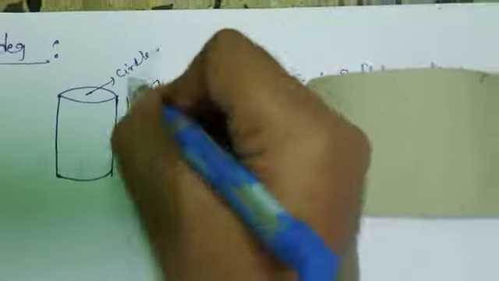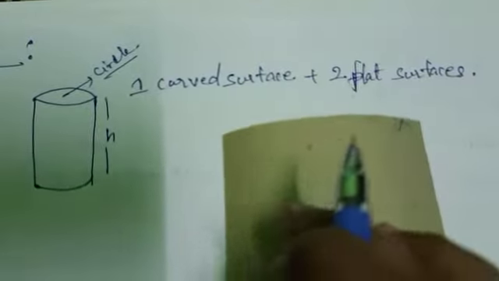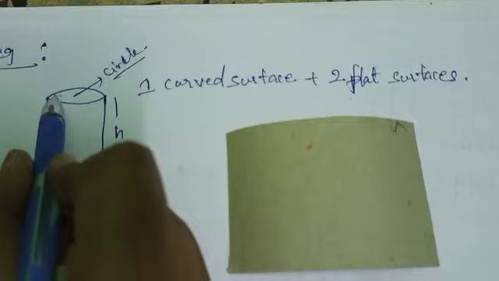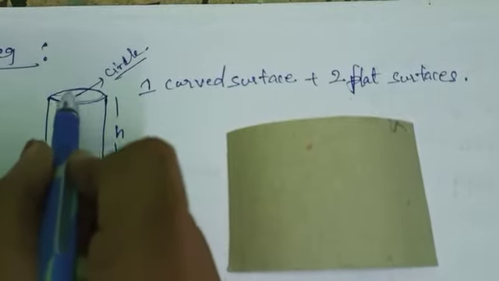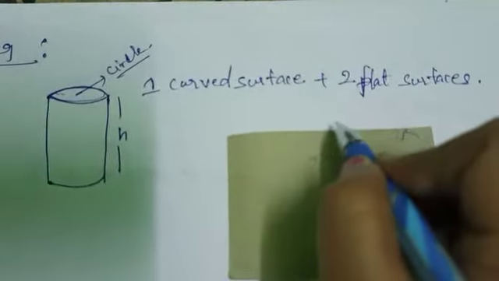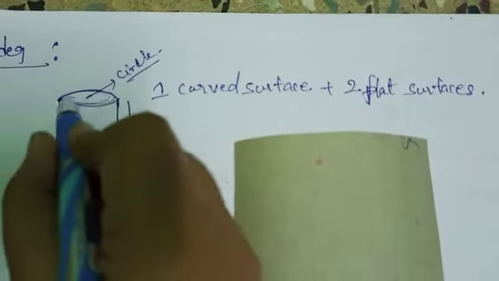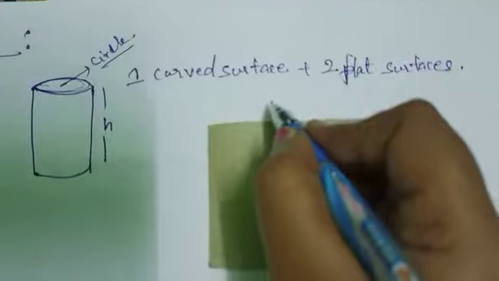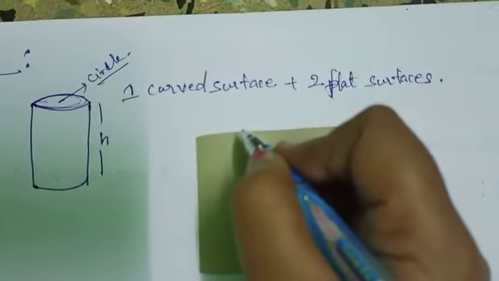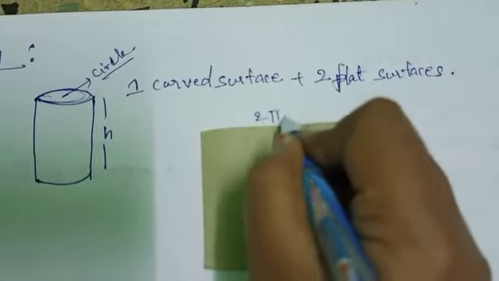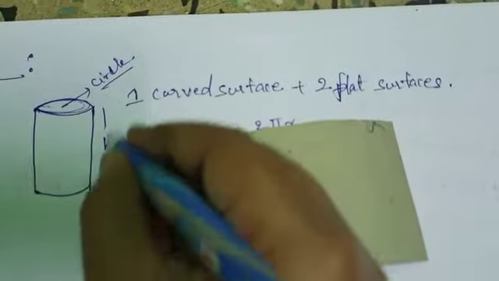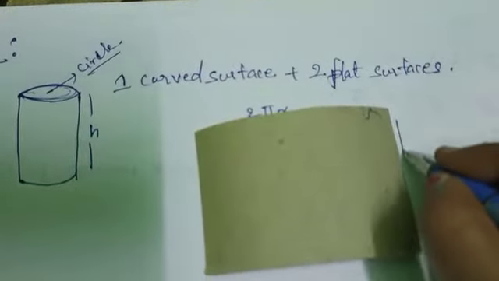So what is the perimeter of this circle? Perimeter, here we are talking about length, boundary length. So perimeter of the circle is 2 pi r, and this is the height of the cylinder.